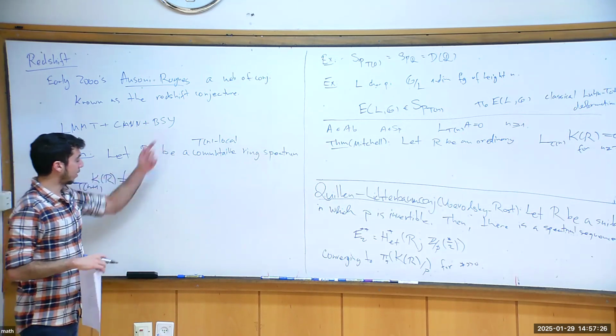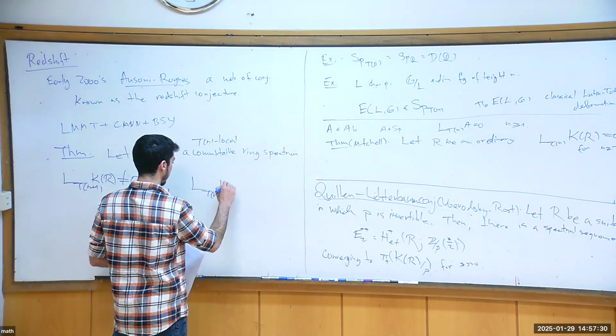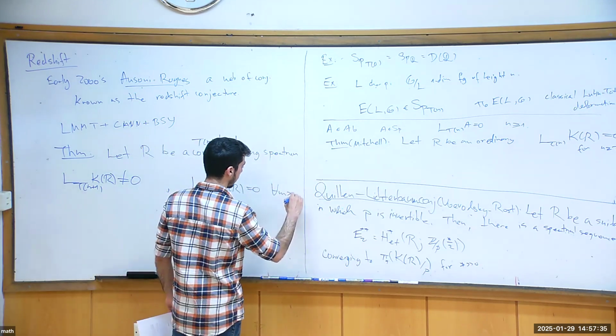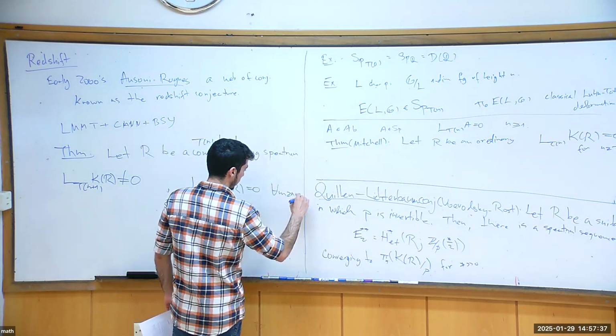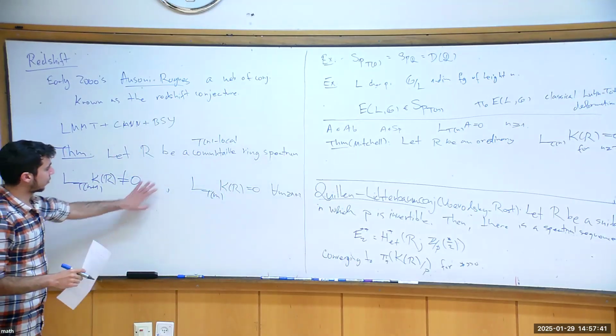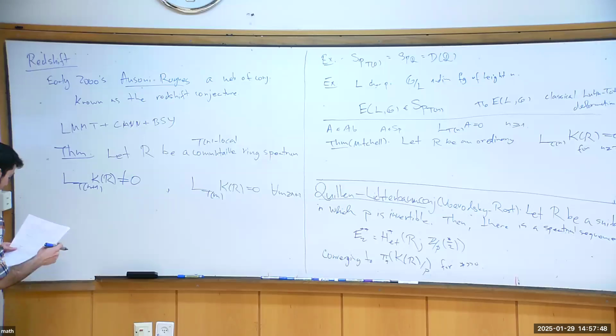Okay, this is this part. And the Tm localization is 0 for all higher m. And this is this part. Yeah, so this is known nowadays for all commutative rings, which is super exciting to people in homotopy theory. This was one of the biggest open conjectures.